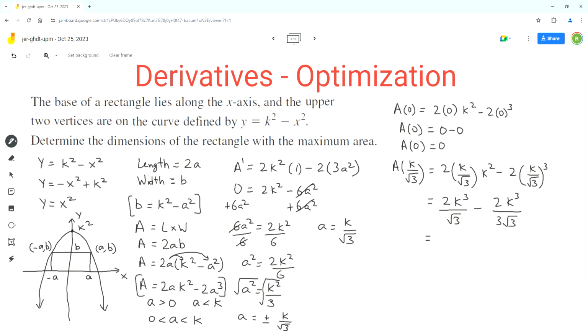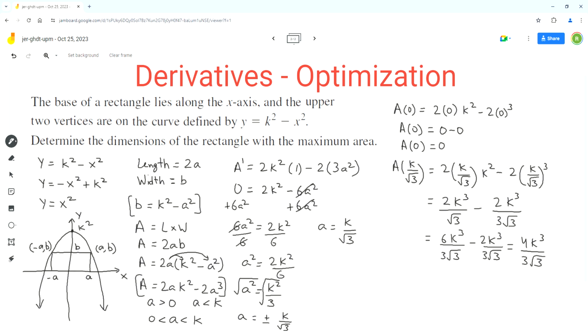We can subtract these fractions by finding a common denominator, and we should multiply the first fraction in the numerator and the denominator by 3. Which is equal to 4k cube over 3 square root 3.